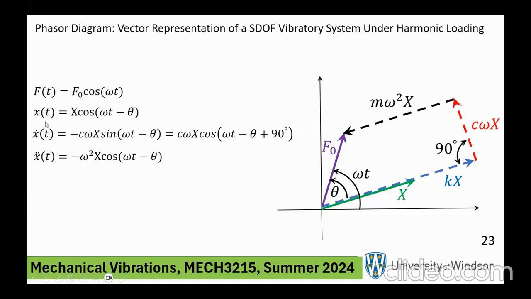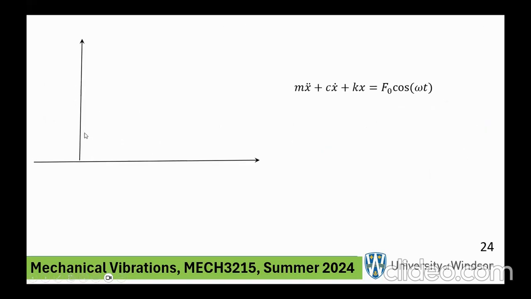Now, let's go to the velocity. The velocity is the derivative of this, and omega comes in the front. Actually, I'm sorry, this is not x dot. This c should not be there.